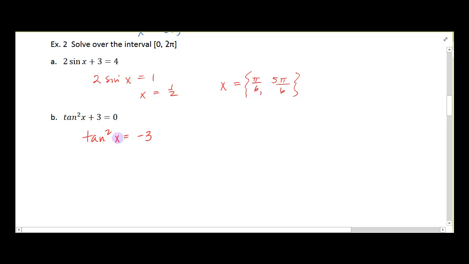But in order to solve for this, I would need to take the square root of both sides. Now, I cannot take the square root of negative 3 and get back a real answer, so the solution to this is no solution, since I can't take the square root of a negative number. And that's one method of solving our trig equations.